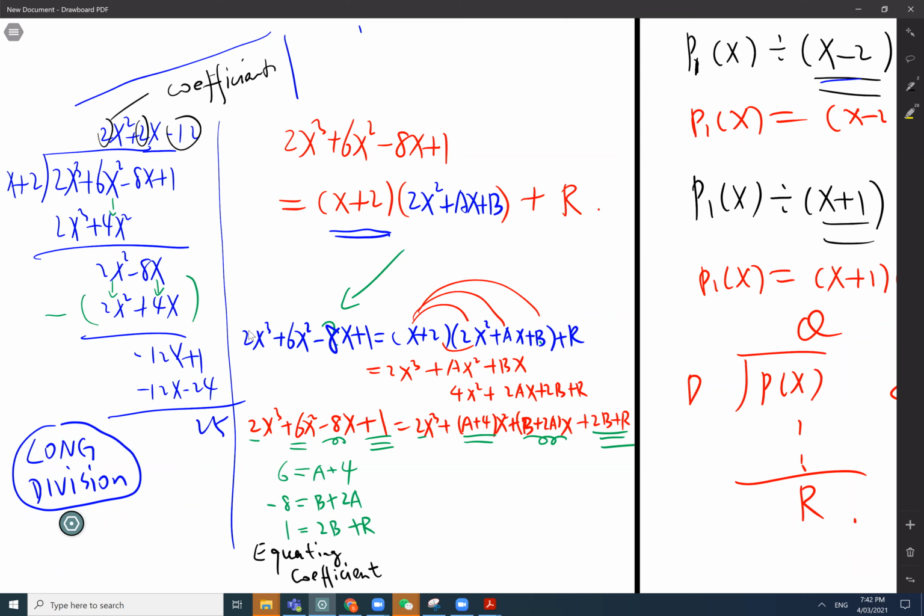So A equals 2, B equals -12, R equals 25.